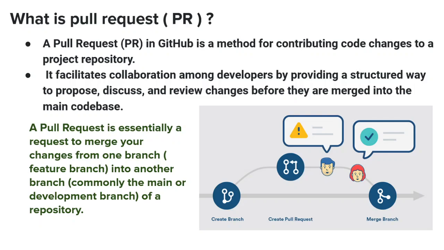Once the pull request is approved, we can merge that branch into the main branch. So that is the high level workflow of a pull request. A pull request is also called a PR. It is a method of contributing your code changes to another developer before merging it to the repository.